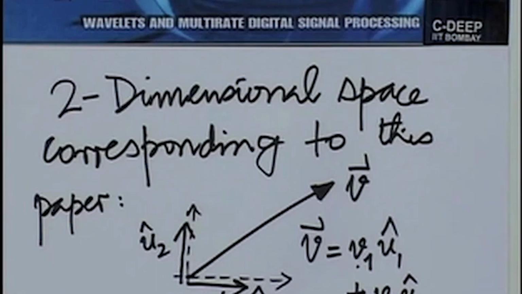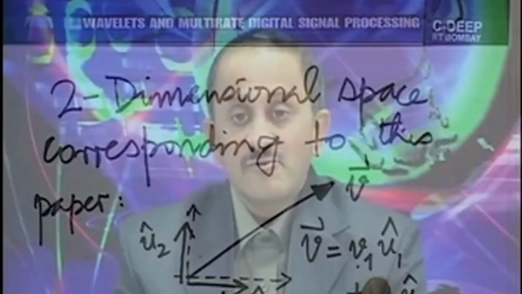So, there is an infinity of orthogonal coordinate systems in two dimensional space, and in fact, there is also a relation between all these infinite orthogonal coordinate systems. Simple enough. And orthogonal coordinate systems are not the only kinds of coordinate systems for a two dimensional vector.